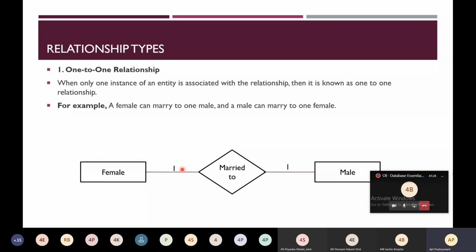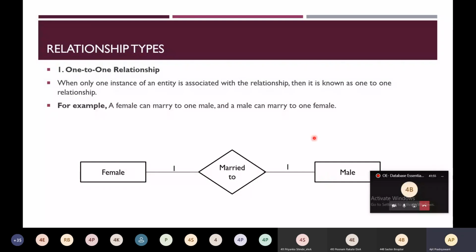You have to mention here the number of instances participated in a relationship.